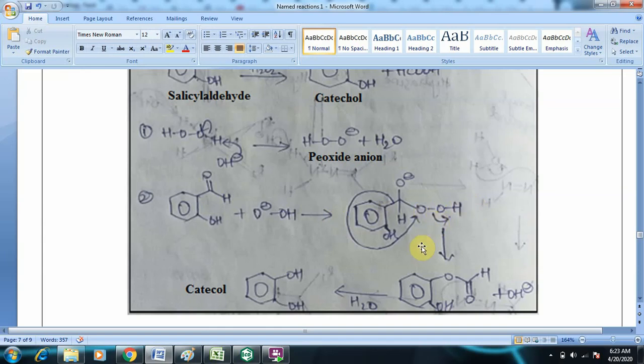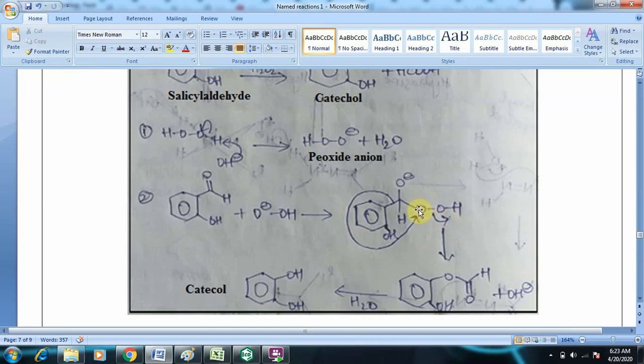In the next step, this oxygen bond is very weak, so it breaks and goes away as OH minus, with the bonding pair of electrons taken away with the oxygen.